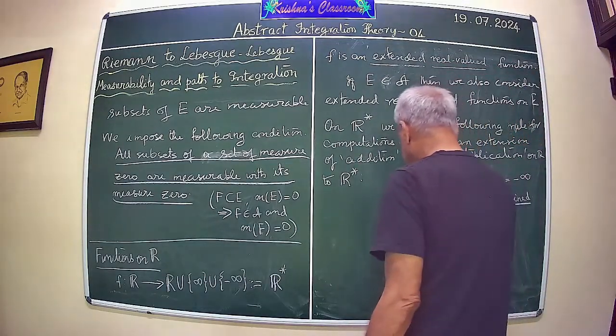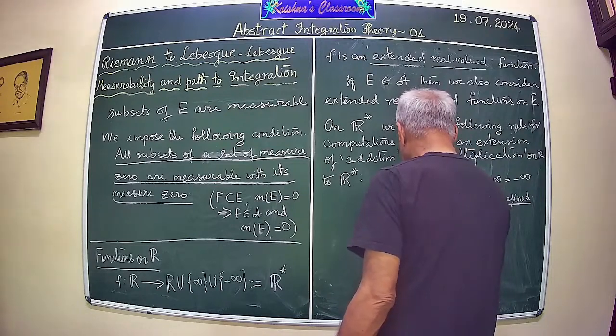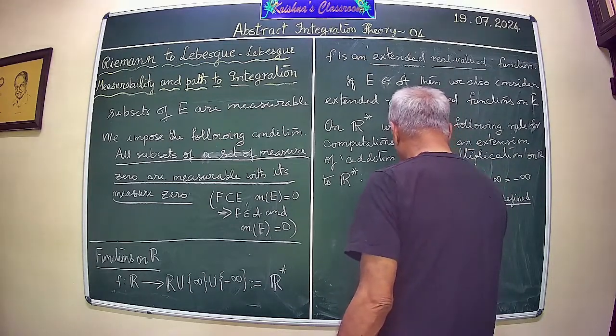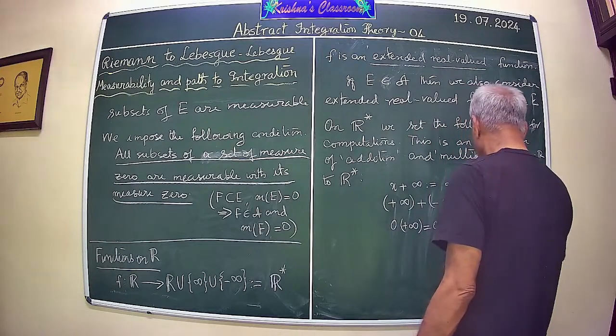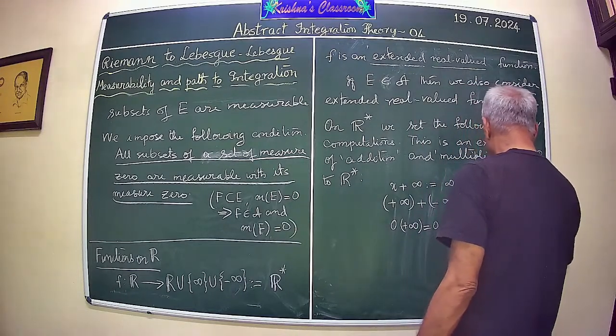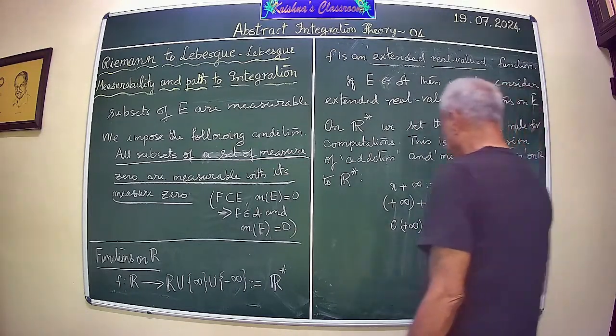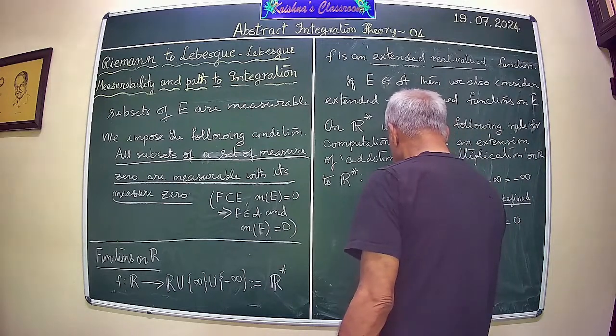Now we define 0 times infinity equal to 0.